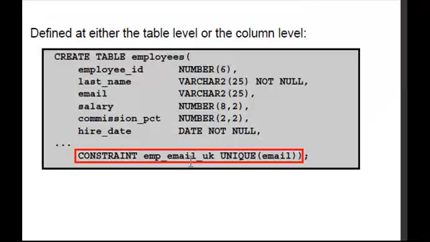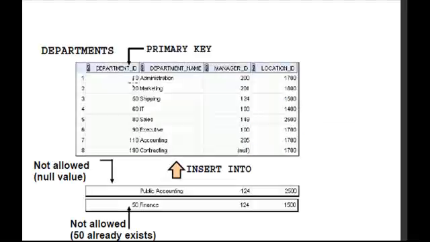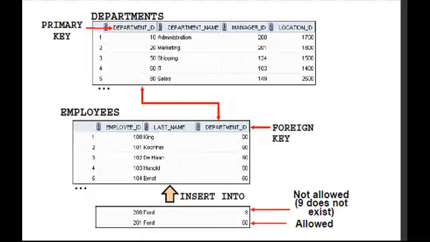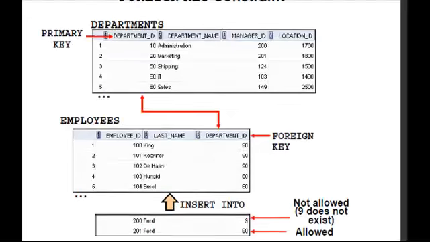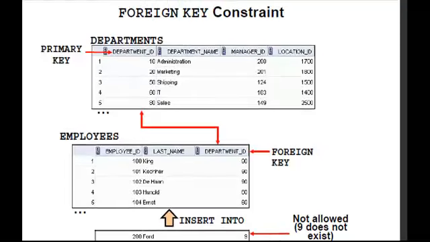Here is an example of how we can use the constraint for a unique key. As you're going to see in this slide, the department ID is unique, so we cannot have any duplicated key. Well, what is the foreign key? A foreign key relation means the connection between two tables, where in one table the field is the primary key.